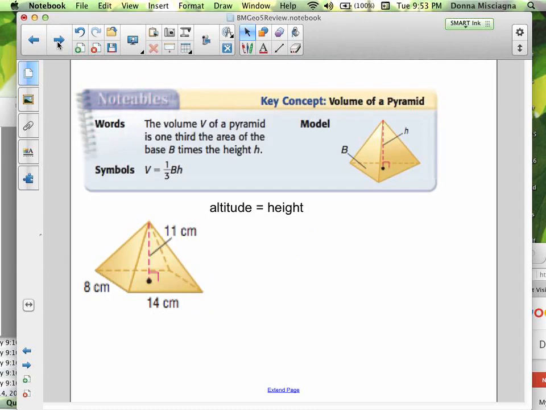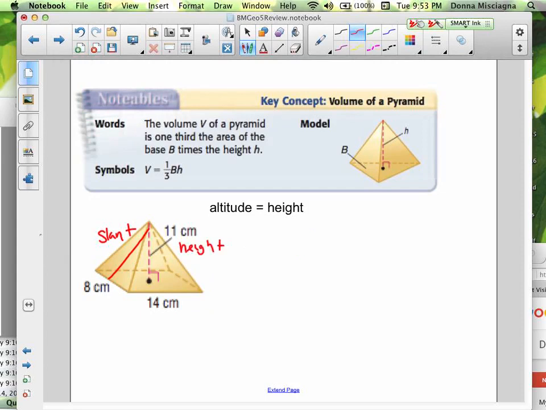It's the straight vertical distance, as opposed to this slanted distance here, which is called slant height. When we say height, we usually mean the vertical height that's inside. Like for instance, it's 11 centimeters, that is height. If we're looking at the outside, it's called the slant.